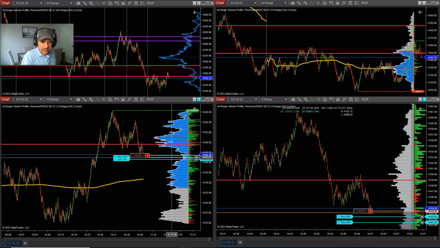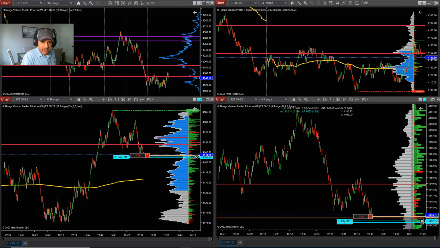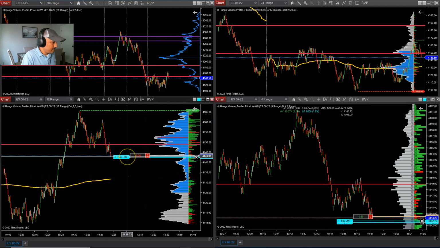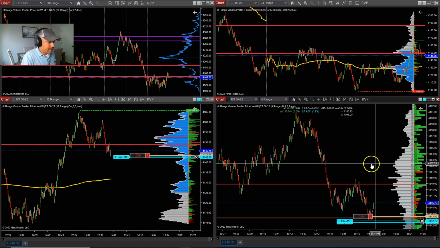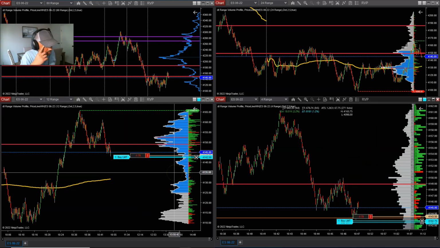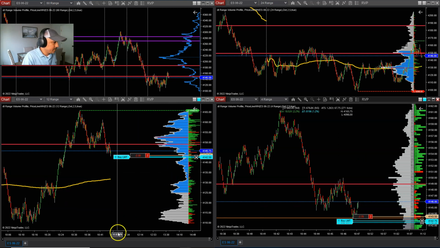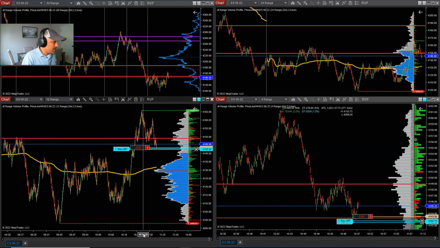42. Oh, shoot. Kind of hit that area already. 42, 43. It's projecting. Come on, push lower. What are you doing?